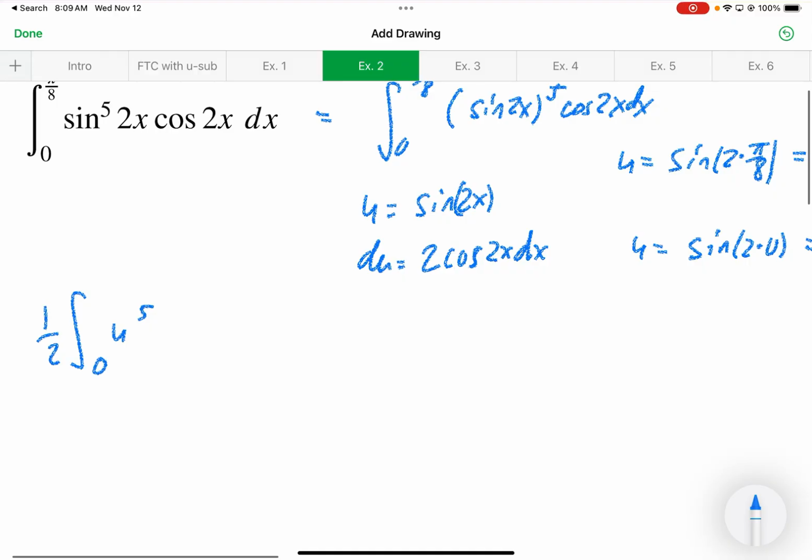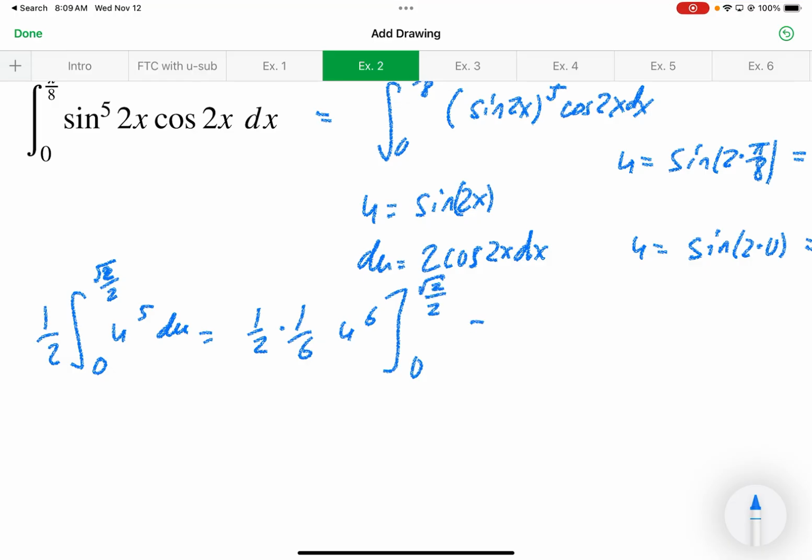So then this is going to be from 0 to square root of 2 over 2, and then we just evaluate. Du. All right, so 1/2 times 1/6, u to the 6, evaluated from 0 to square root of 2 over 2. So we get a 12th. And then we're going to do square root of 2 over 2 to the 6th power minus 0 to the 6th power.